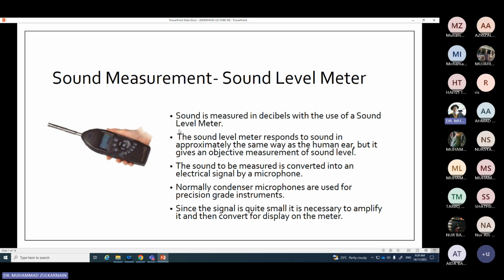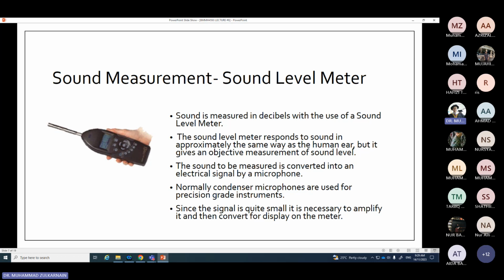If we look into the text, sound is measured in decibels with the use of the sound level meter, and this sound is actually measured at the level of human hearing.